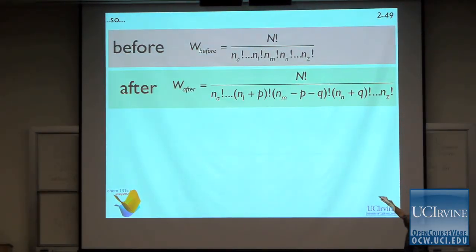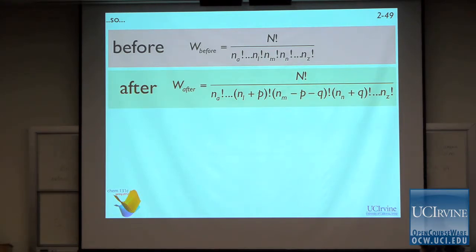Now, here's our number of microstates. We already said they're given by this equation. Before the shift, this equation is true. After the shift, I've added some number of molecules to L. I've removed molecules from M, moved P to L and Q to N, so N got larger by the amount Q. This is the shift here.